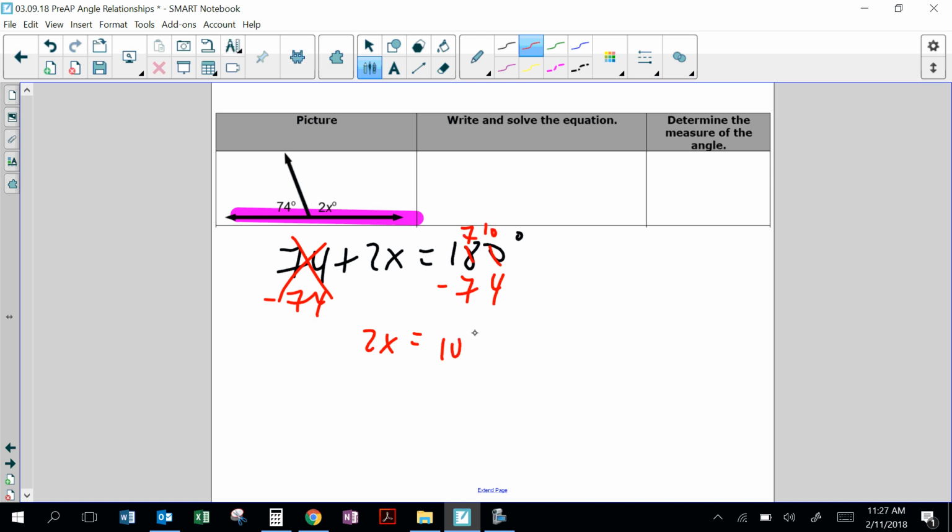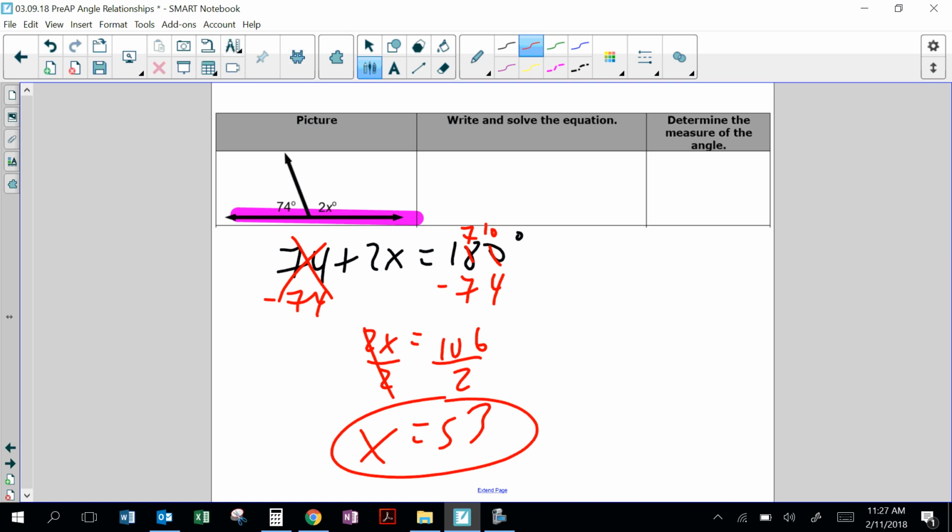That is 106. Then divide 2 on both sides, because now that isolates x. X equals 53, half of 106. So replace each x with 53. 2 of them equals 106. So that proved to me that 74 and 106 add up to 180, a straight line.